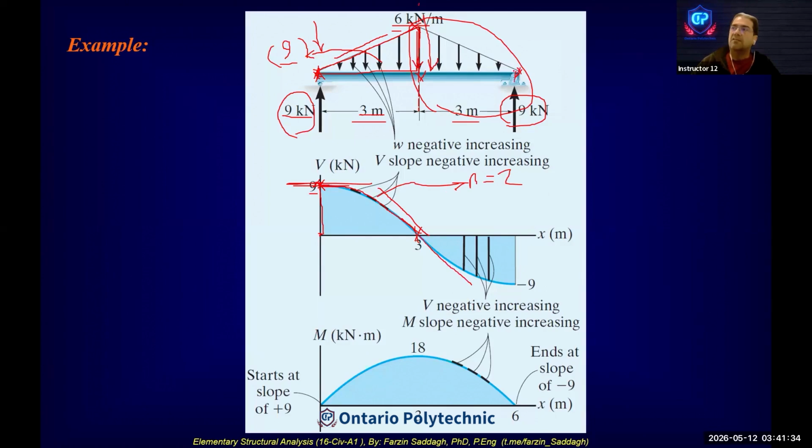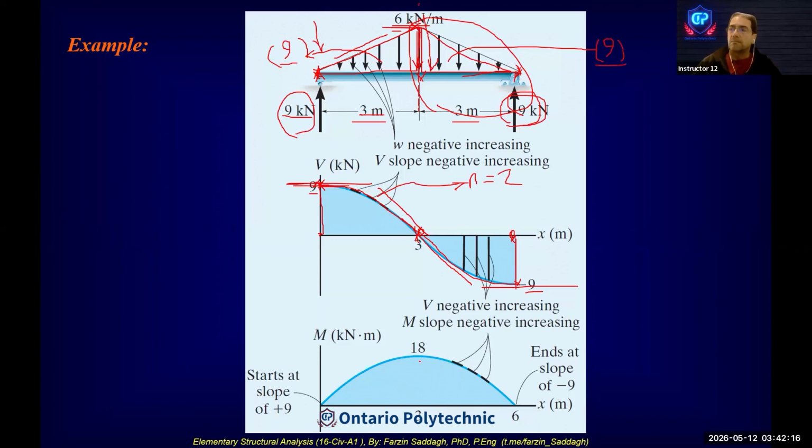At the end we have 0 shear slope. The area under the distributed load is 9 and downward. So from 0, 9 units to -9, and based on the slopes, negative slope to 0 slope, the only possible curve is this. Finally, at the end we have 9 kilonewton upward, so finally we have 0.